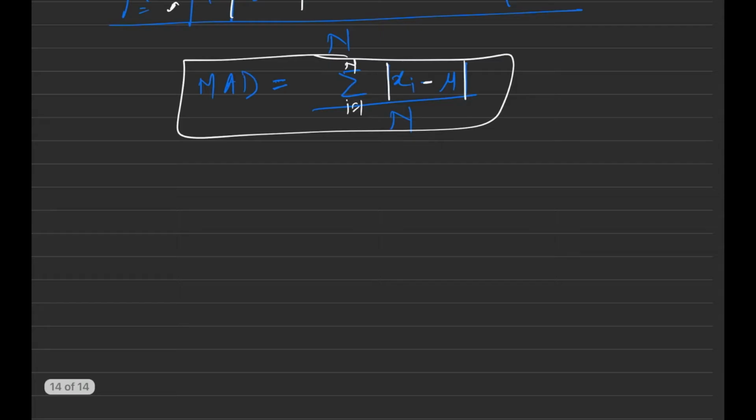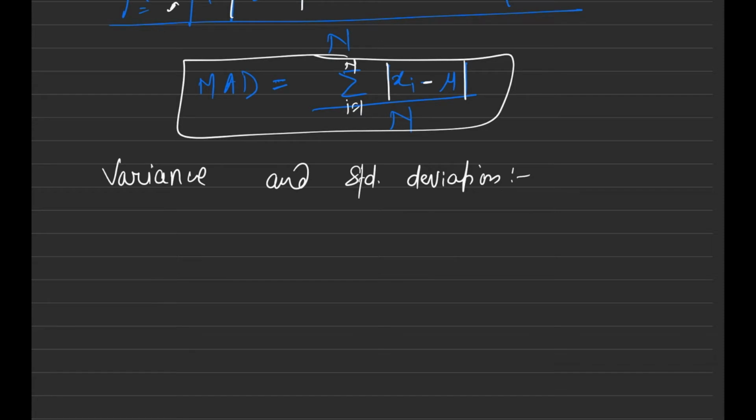Once we understand the MAD, there are two other important topics that we need to remember: variance and standard deviation.